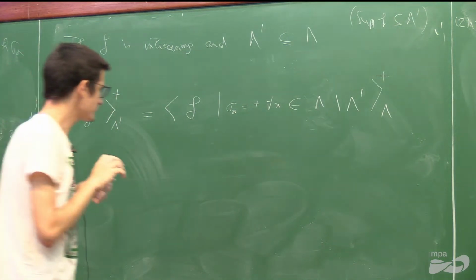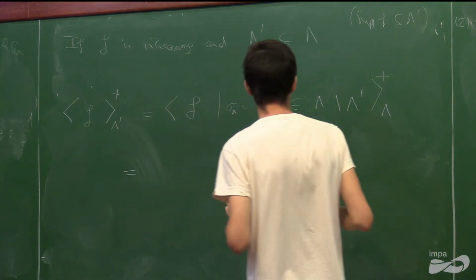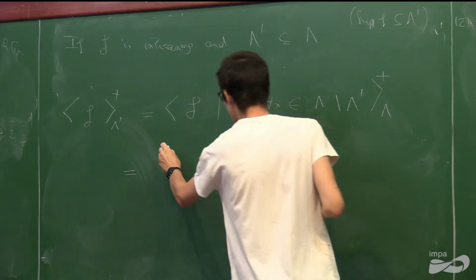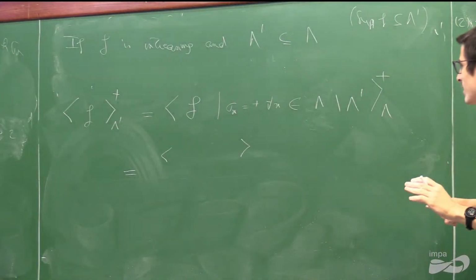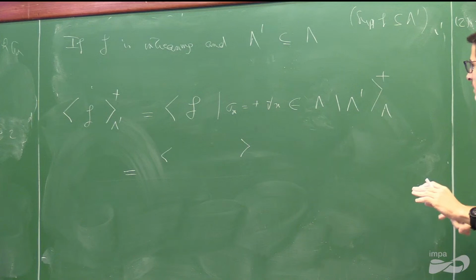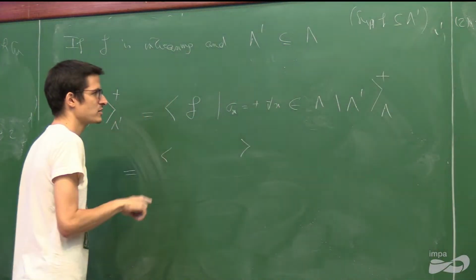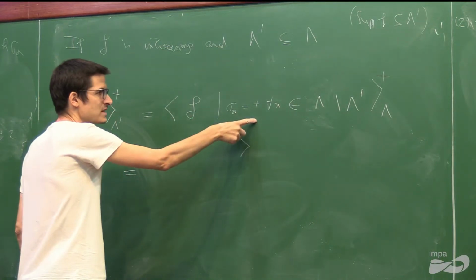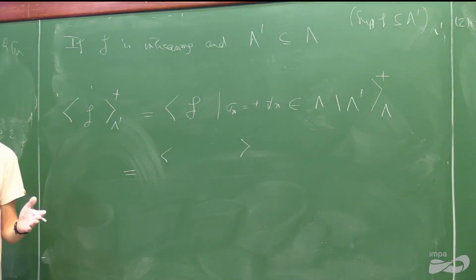Okay. Now, this thing is exactly the expectation of f times the indicator of this divided by the expectation of the indicator. Okay?